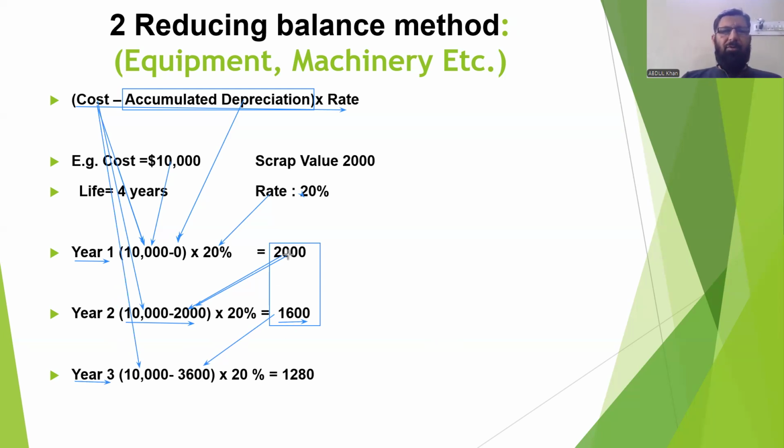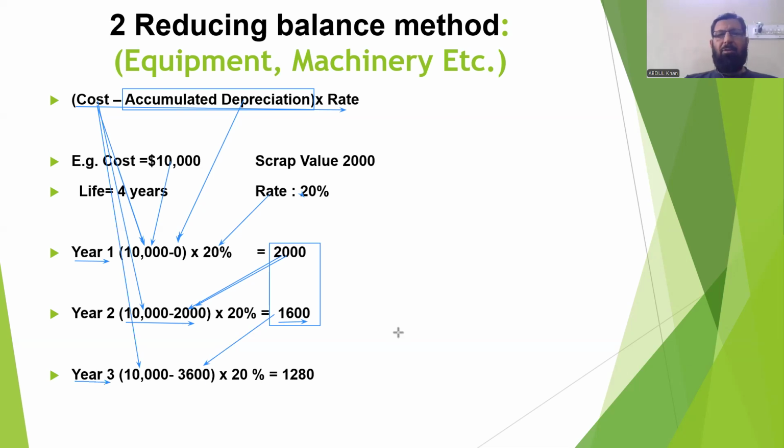Then cost minus accumulated depreciation, and you apply the same 20% rate, and you get 1280. This is the depreciation for year 3.